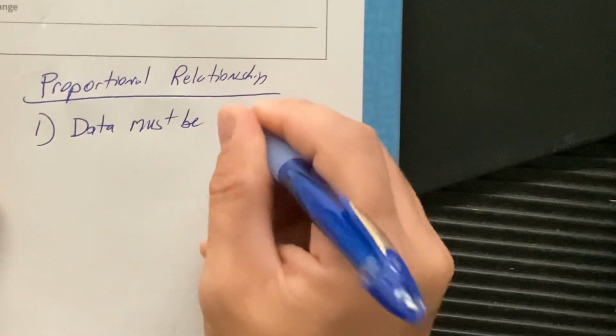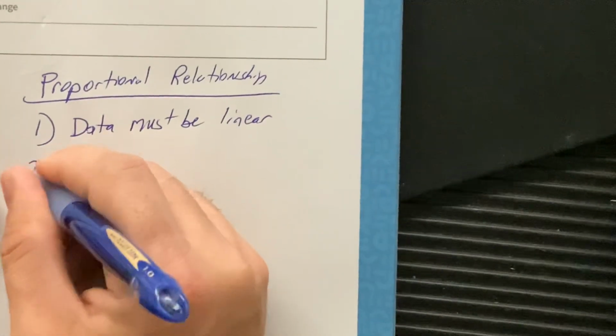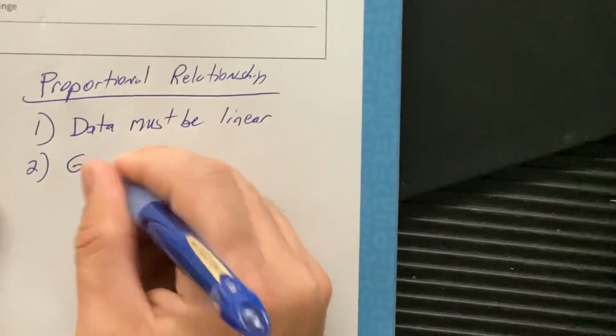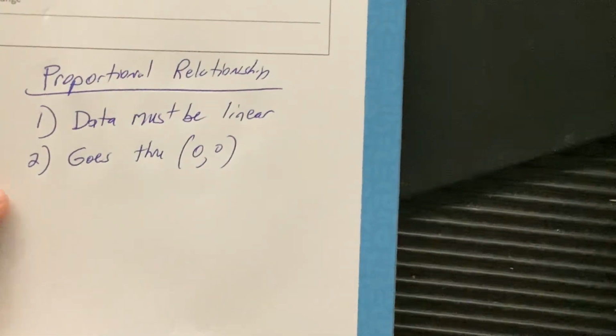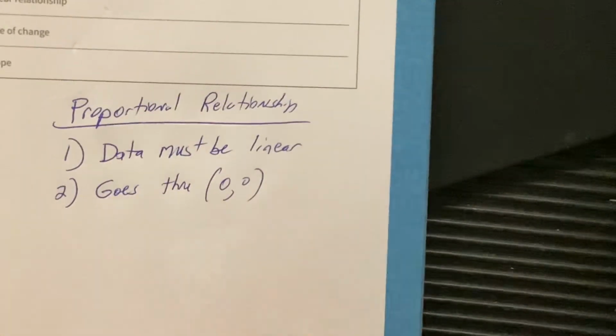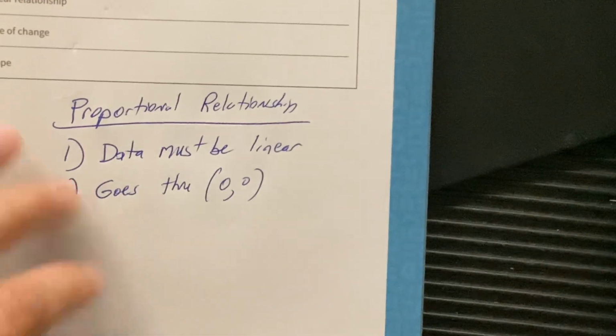Data must line up, and it must go through the origin. Those 2 things must be true to be a proportional relationship. Dots line up, goes through the origin. Those cups didn't happen that way. Yes, the dots lined up. Yes, it was linear, but it did not go through the origin.